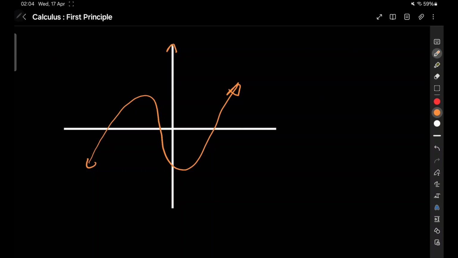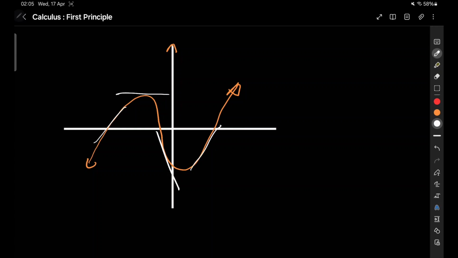So now, what if we're given a scenario like this where we have a cubic graph, and we're told to calculate the gradient of the graph? That would be very difficult because the gradient of the graph changes throughout the whole graph. The gradient at this point would obviously be 0. The gradient at this point would be different, and the gradient at this point would be different too.